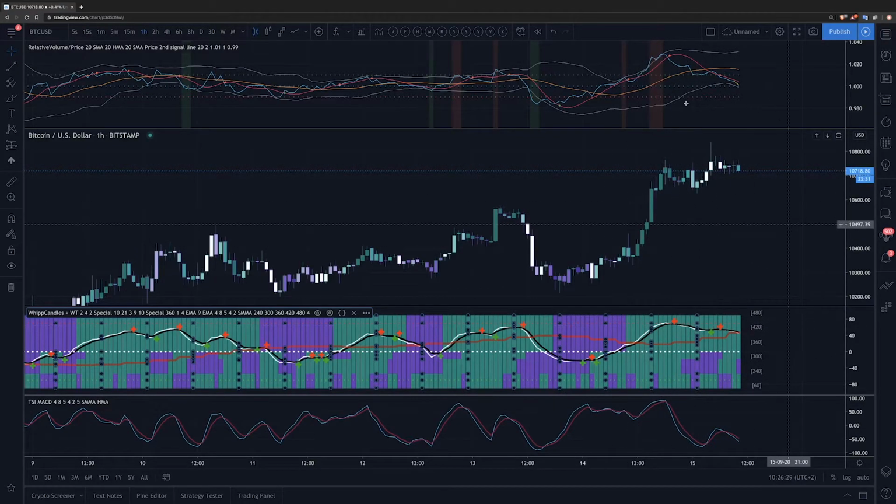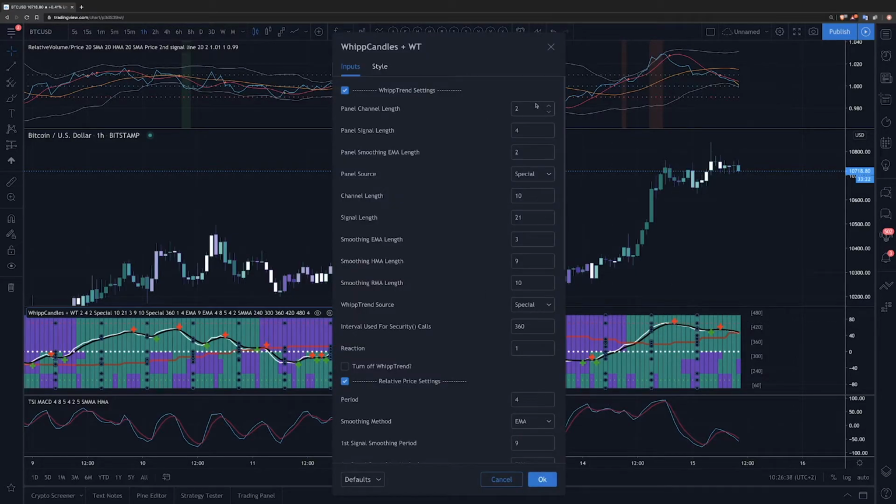So what I will do is carry on talking about the indicator, and then I'll tell you about things that I personally look for. Again, 242 is whip trend, and that is the panel. If you put this whip trend on each and every time frame, it tells you whether it is bullish or bearish for that time frame.